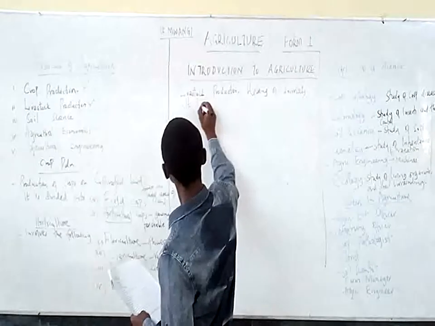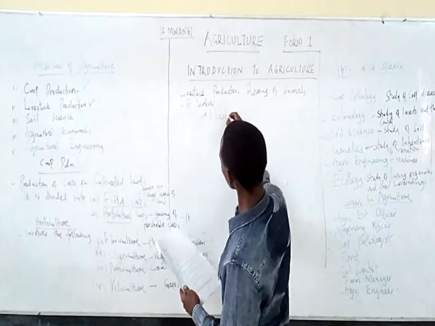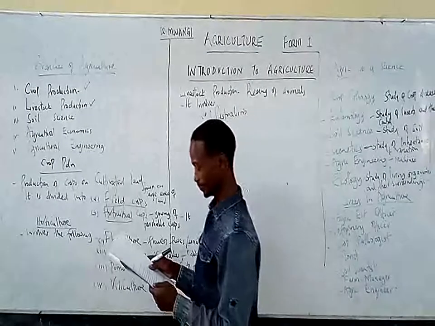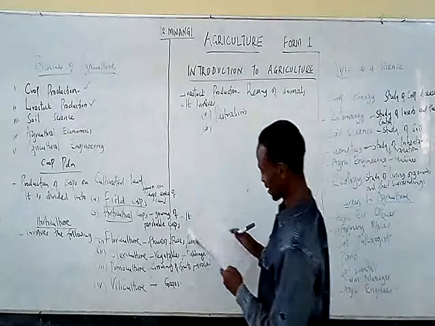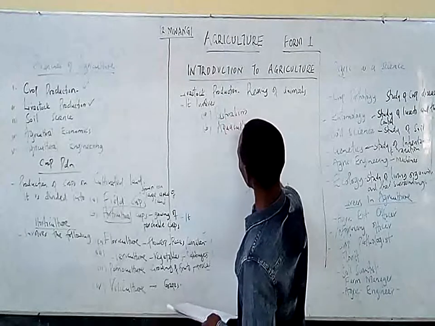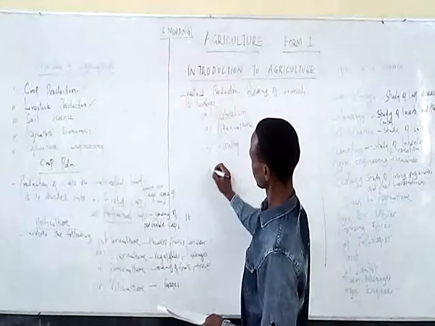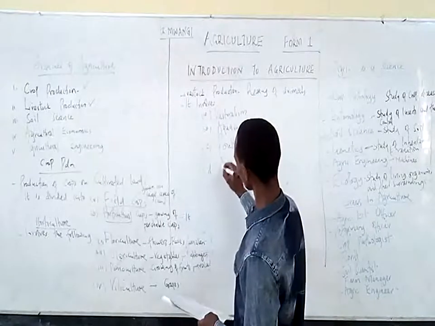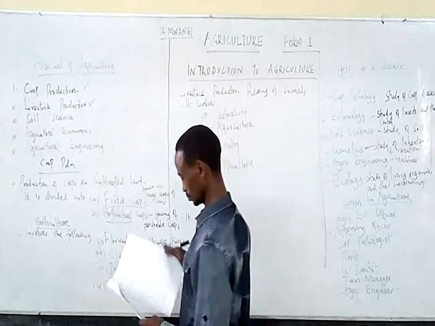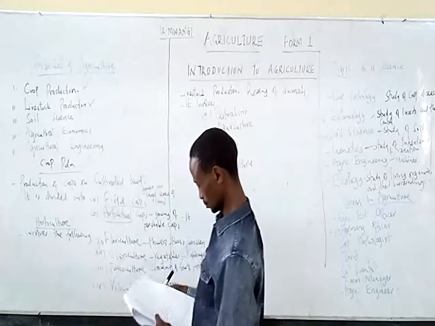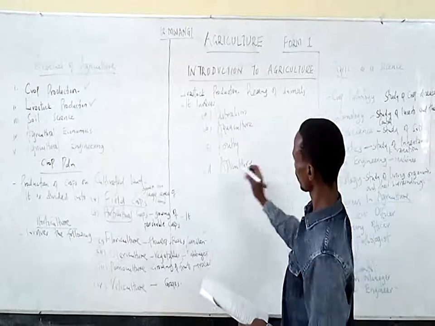It involves pastoralism, like the Maasai, then aquaculture or fish farming, poultry, and apiculture, the rearing of bees. So we have the four.